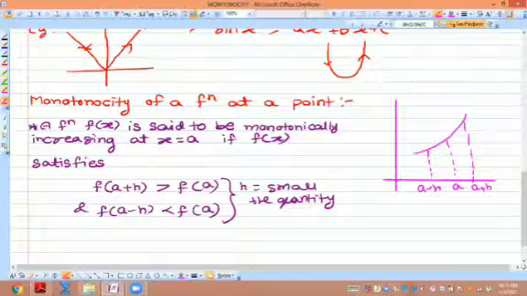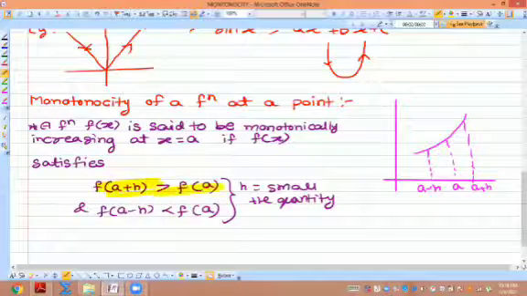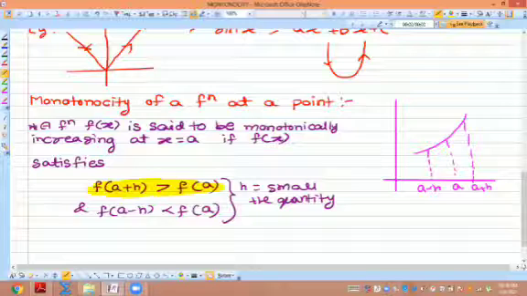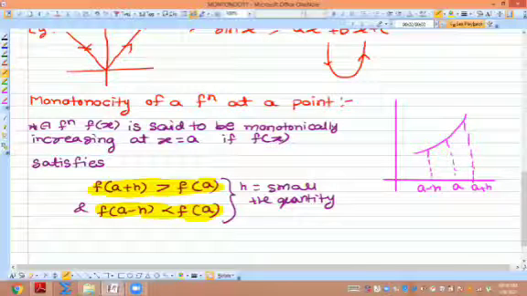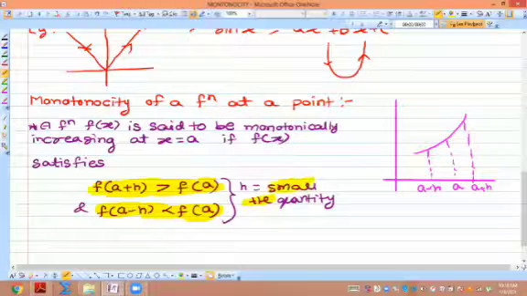And these conditions are compulsory. Because a plus h is more compared to a, f of a plus h should be more. And a minus h should be less compared to a, so f of a minus h is less than f of a. Here h is always a small positive quantity. We are discussing in the neighborhood of a. Understood, all of you?